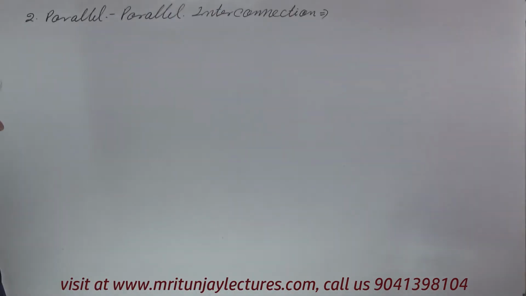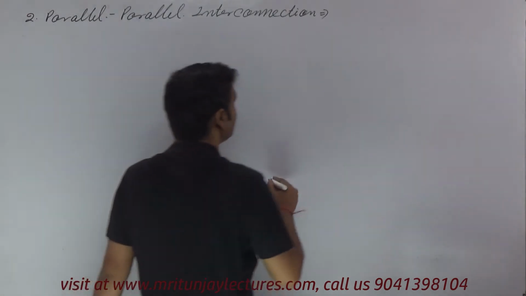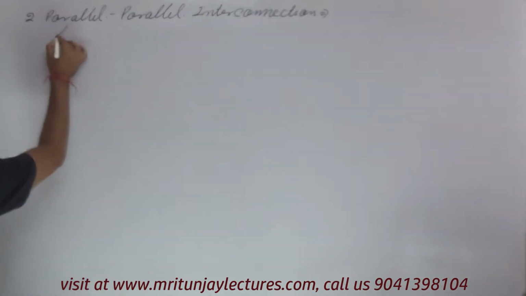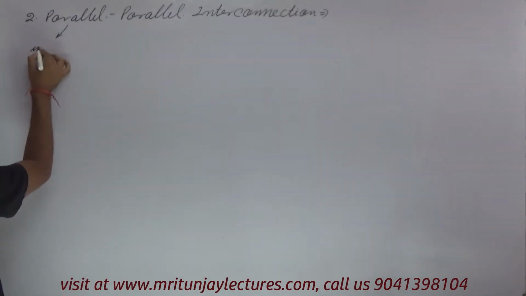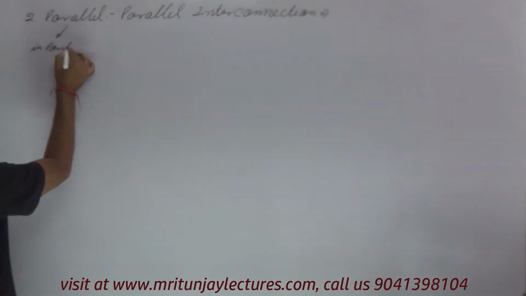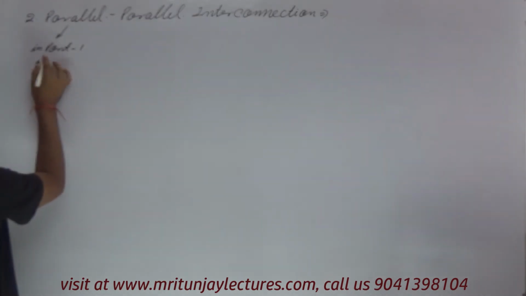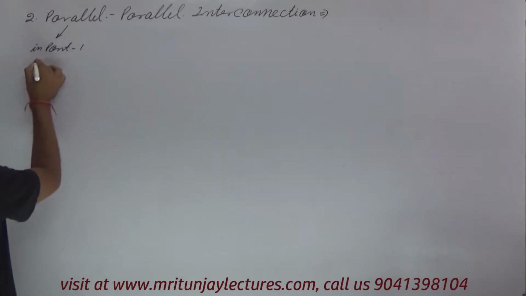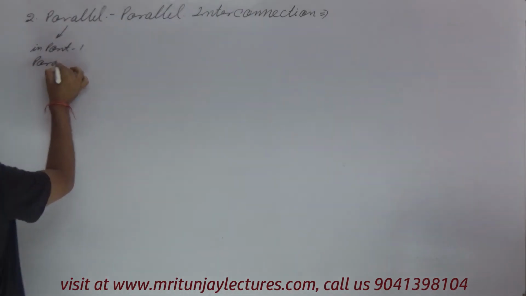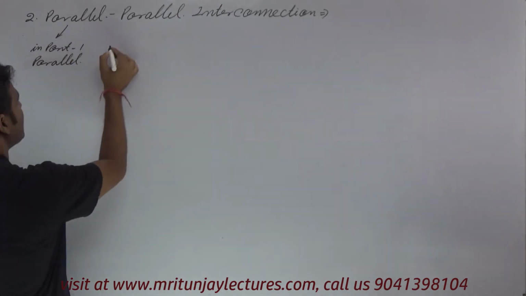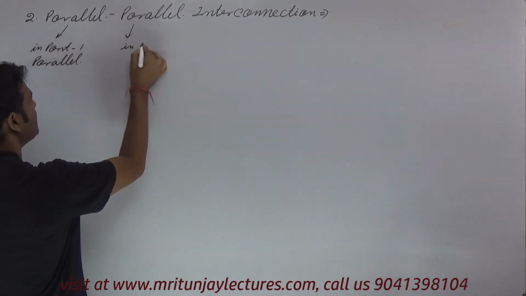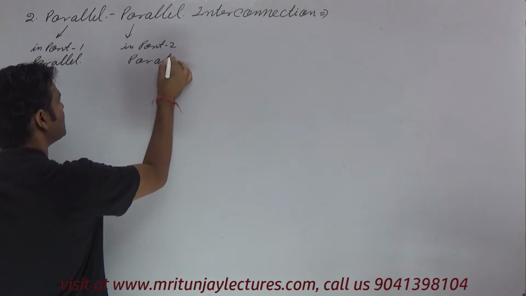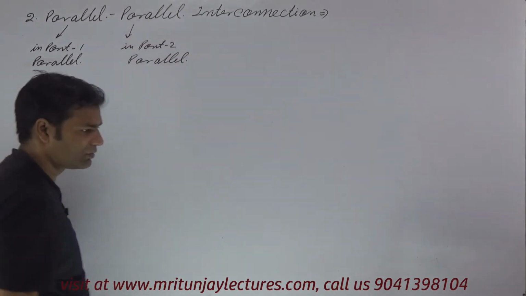Now parallel interconnection, how can we make it? Parallel means port 1 is in parallel, and port 2 is also parallel. What is the meaning of this? Clear or not?